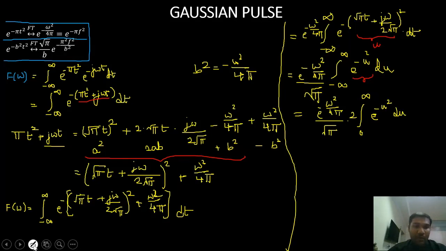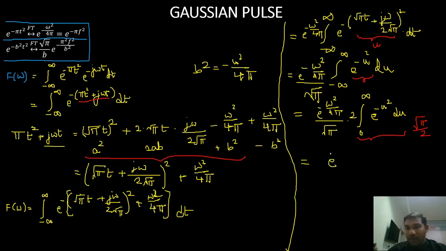And this is a common integral. The integral from 0 to infinity of e power minus u square du is a common integral. Its value is root pi by 2. So I'll substitute that value here.